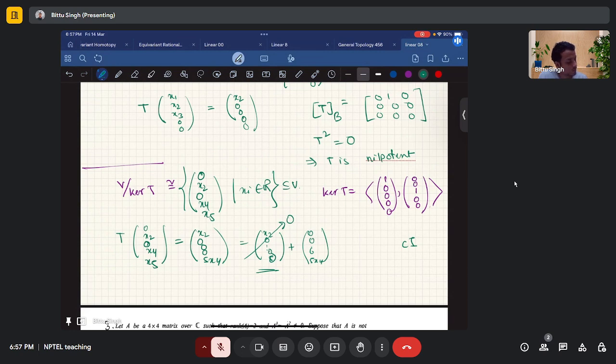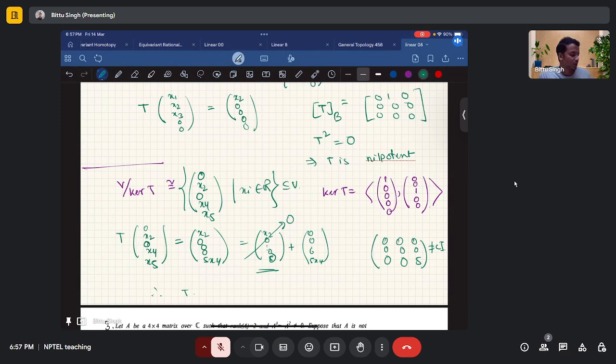Because we can see the matrix representation. If we take the matrix representation, corresponding to second and 4, everything is 0, 0, 0, 0, and corresponding to 5, x5, we have 0, 0, 5. So this is not a scalar matrix. This is not equal to C times I. So again, therefore, last option is also incorrect.